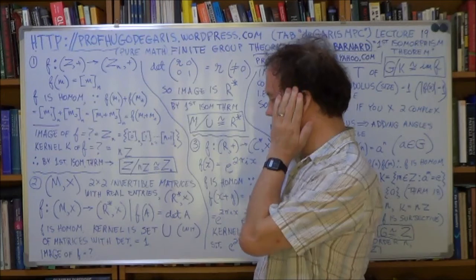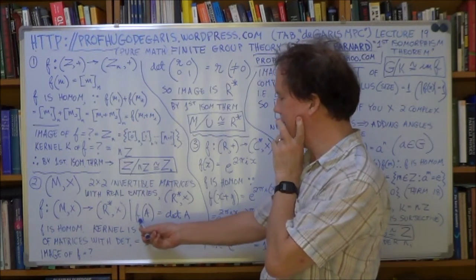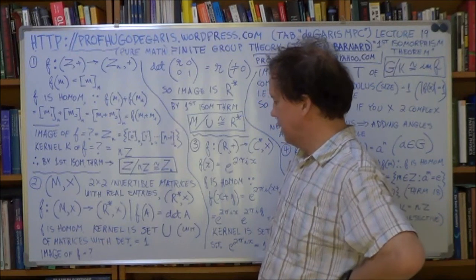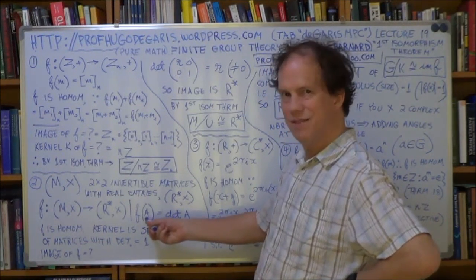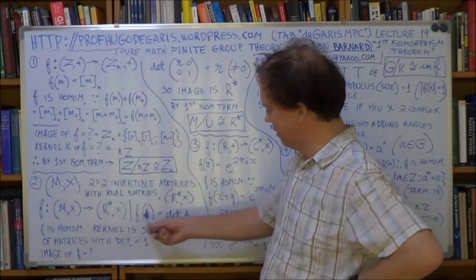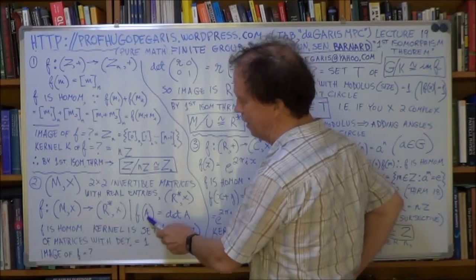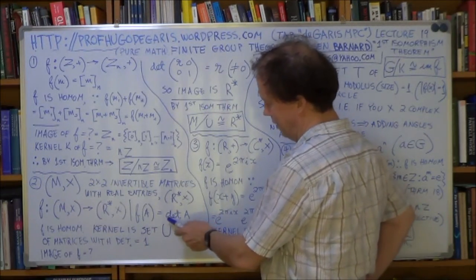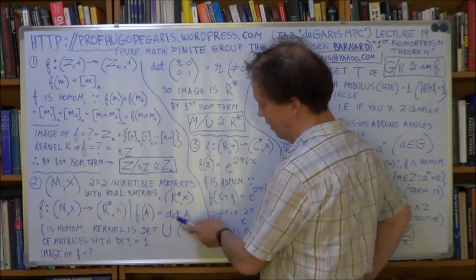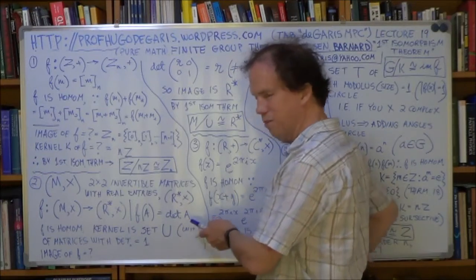Okay. What about the image? So what values can this f take? Well, it can be just about anything, if you think about it. What are the values of f of A? A is just any old 2 by 2 invertible matrix, and the determinant of a matrix is a real number, but this matrix can be anything.